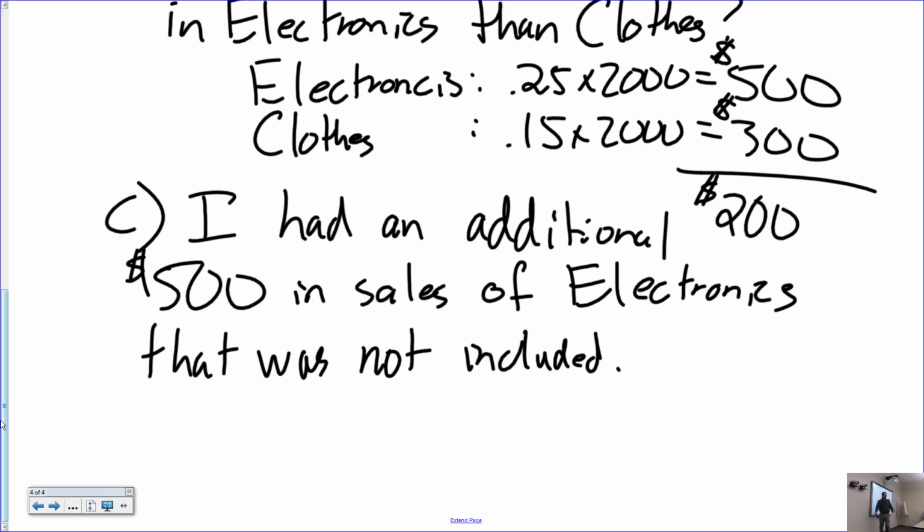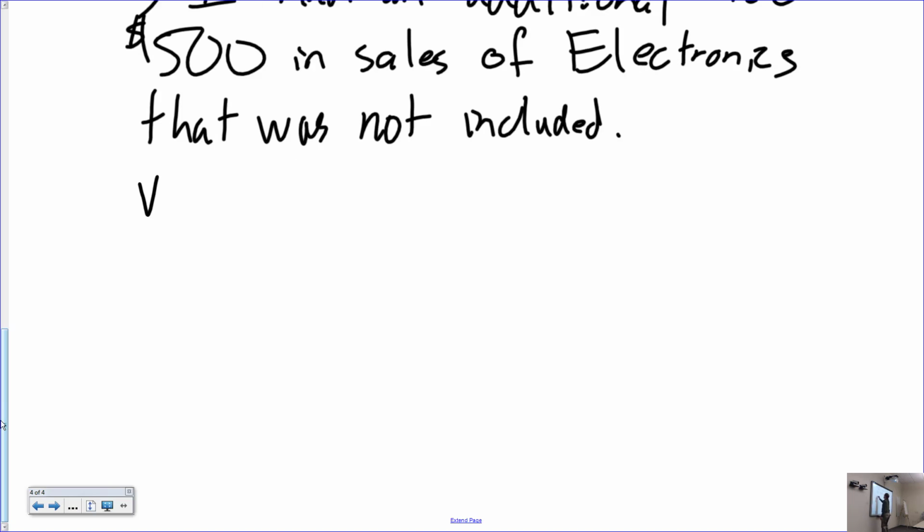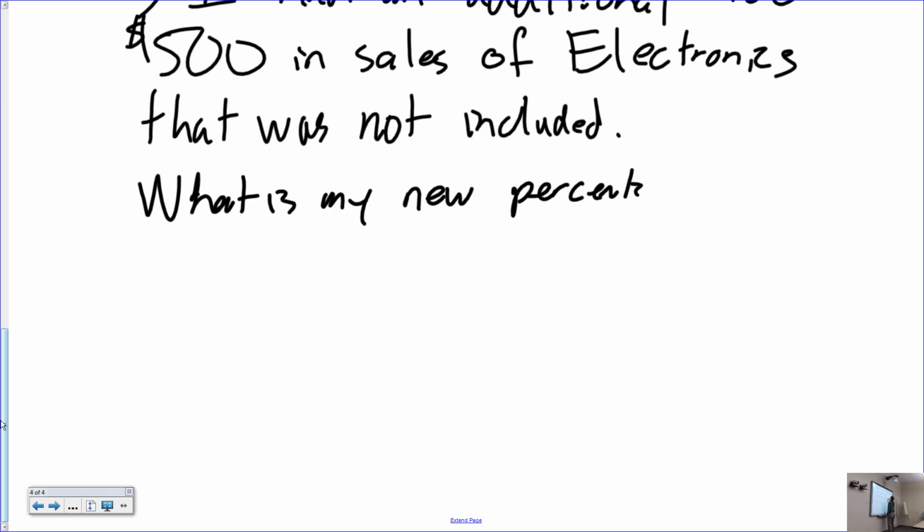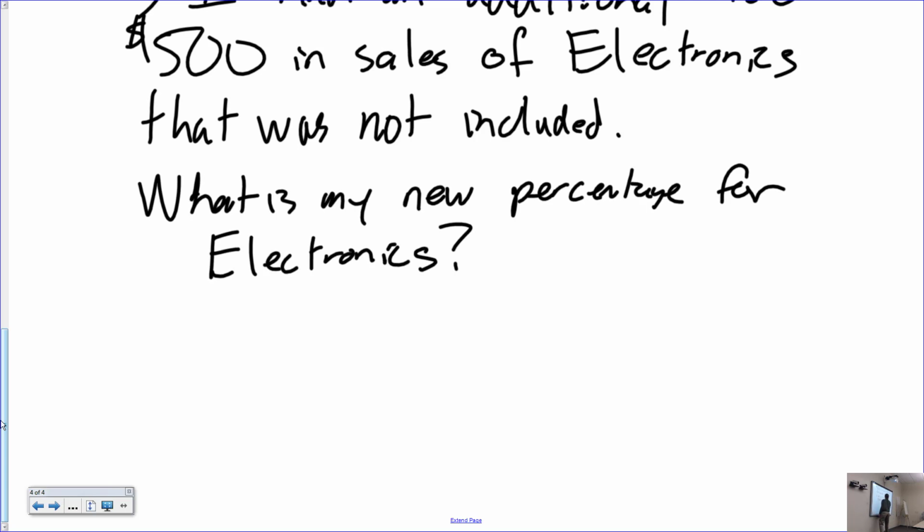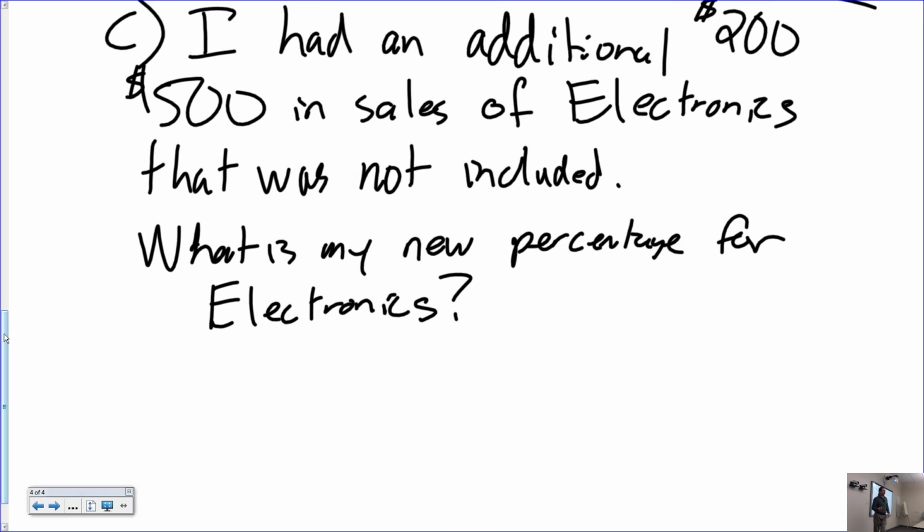So when they tallied up all of my receipts for the 3 months that I was being a salesperson, they had an extra $500 sale that they didn't notice until after they had generated all their data. Right? So what is my new percentage for electronics? After I add this $500 in.